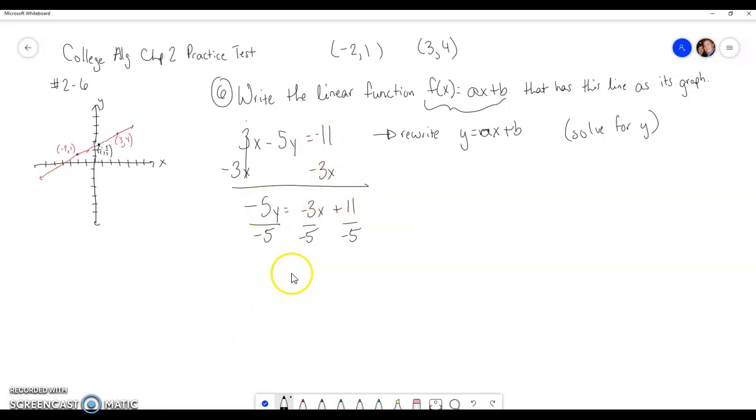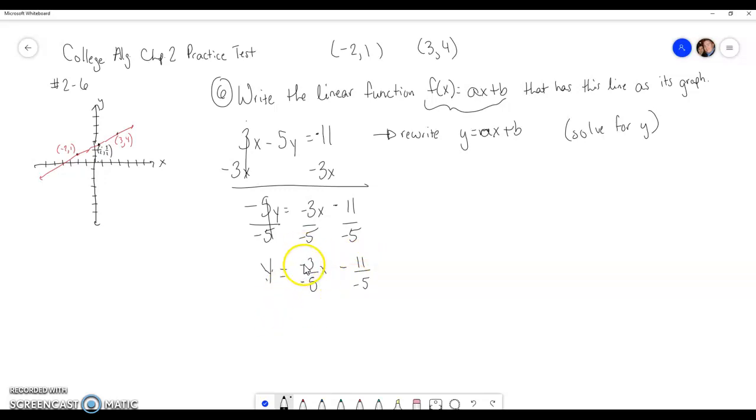Sorry, this should be minus 11 here, so this was equals negative 11. So I'm going to divide by negative 5. This becomes y equals negative 3/5 x minus 11 over negative 5.